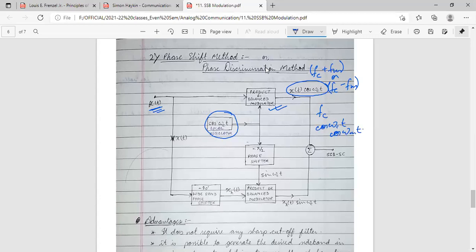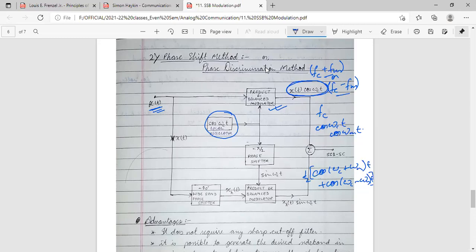We apply the formula 2 cos A cos B, so we get half times cos(omega_c plus omega_m)t plus cos(omega_c minus omega_m)t, as we have already seen in the previous classes. So here we will get only these two spectral components at the output. This signal is known as double sideband suppressed carrier.